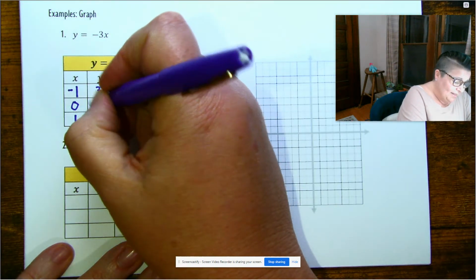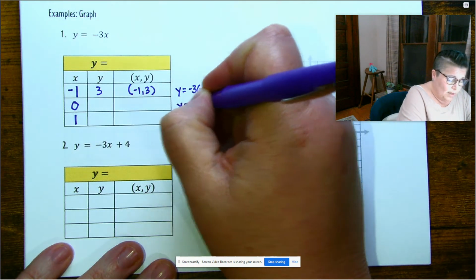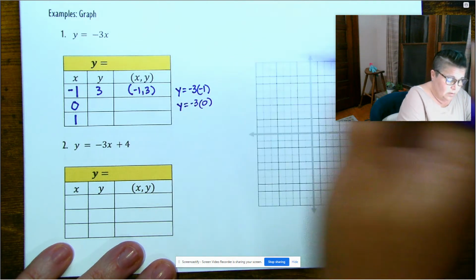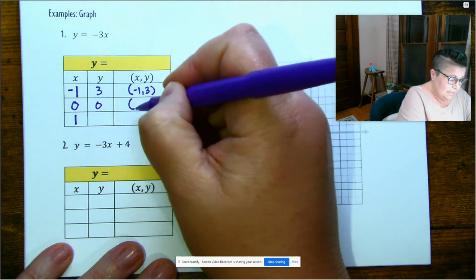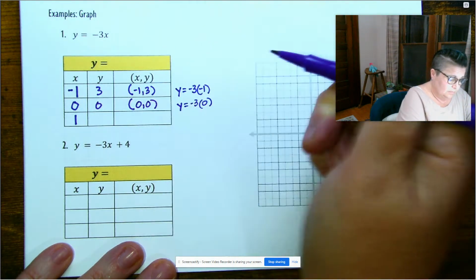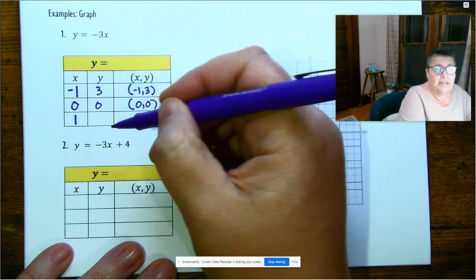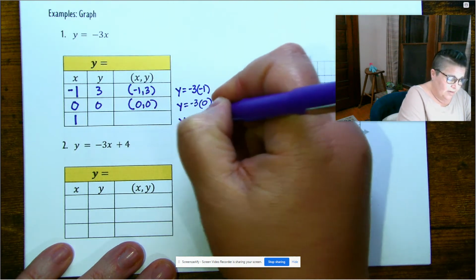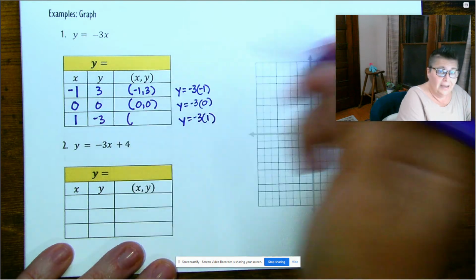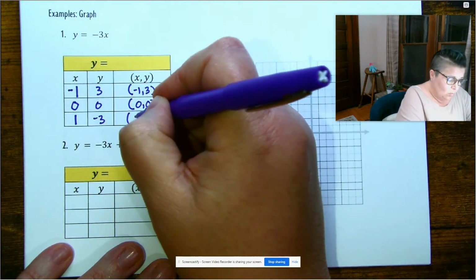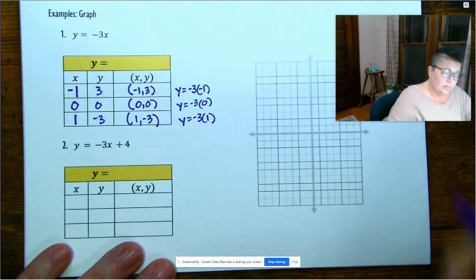All right, if I let x equal 0, then y would be a negative 3 times 0. That's just going to be 0. And I have another point at 0, 0. If I let x equal 1, then I have a negative 3 times 1, which is negative 3, and I have a point to plot at 1, negative 3.